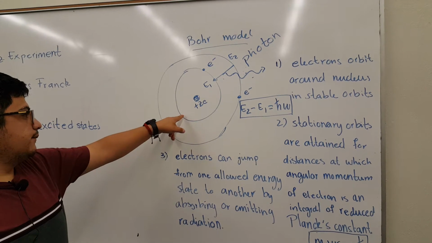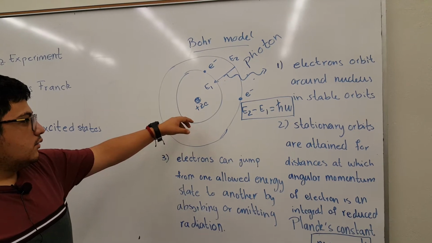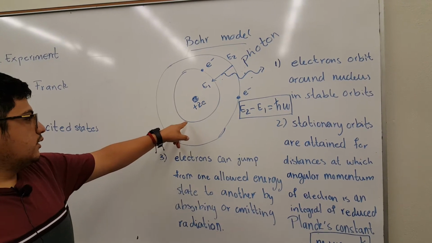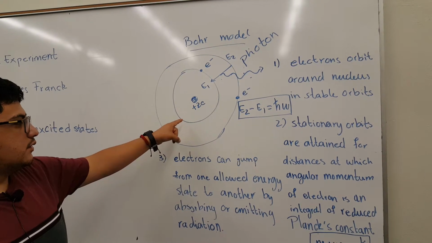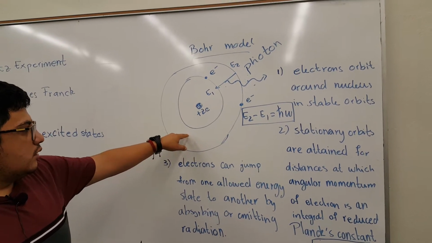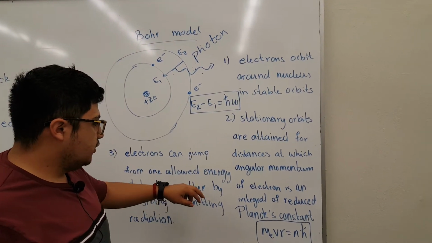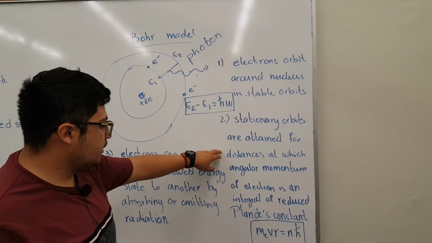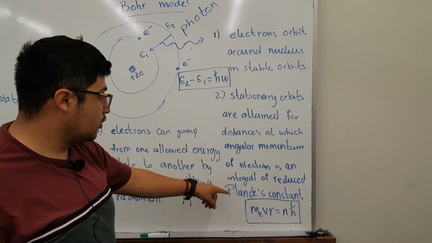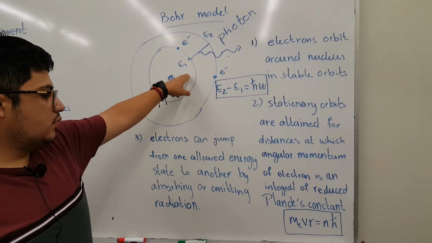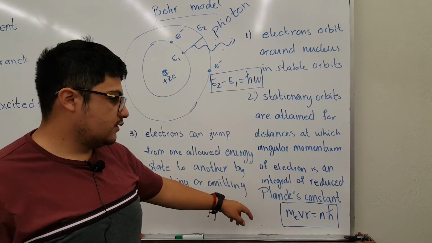They are at certain distances. So you call these orbits stable. Electrons like to be in those orbits. And how do you find these orbits? To be stable, they need to satisfy the condition that the angular momentum of the electron is equal to an integer multiple of the reduced Planck's constant.